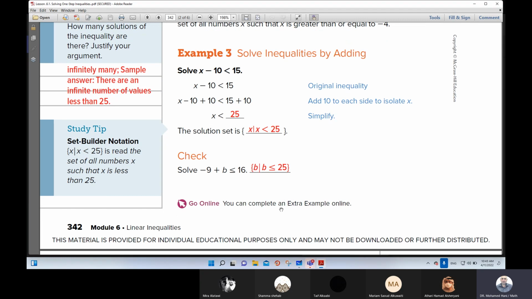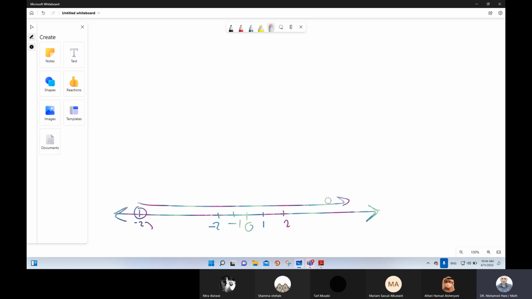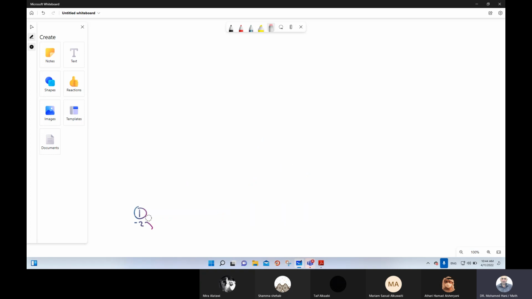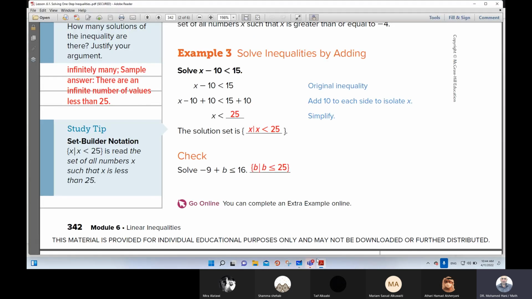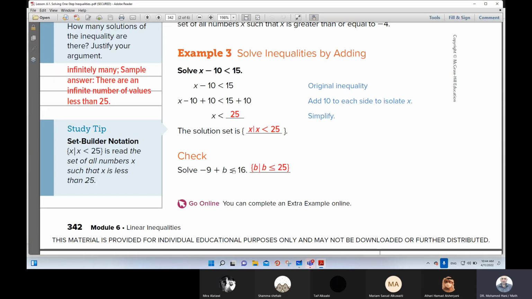For the second example, we have b minus 9 less than or equal to 16.